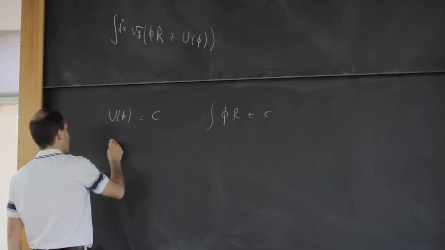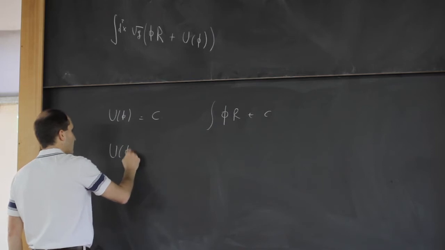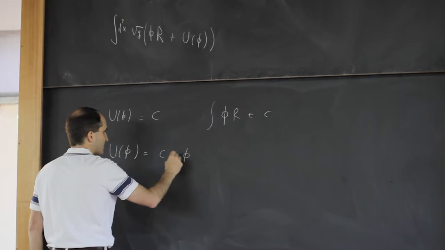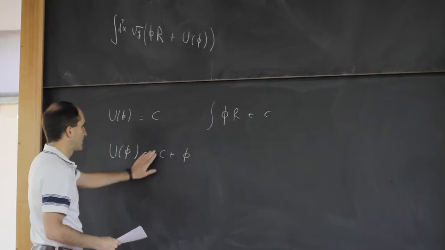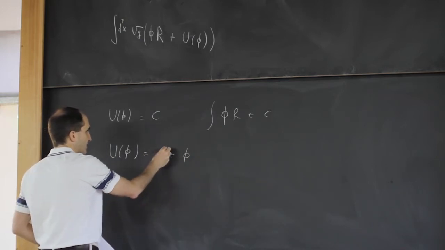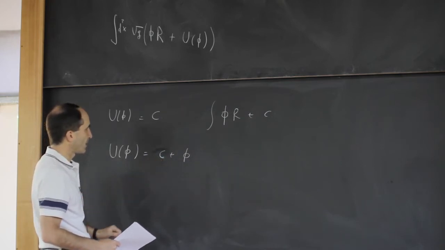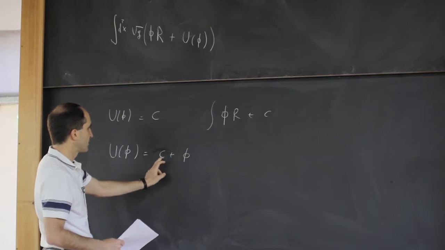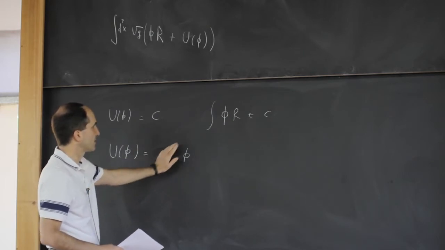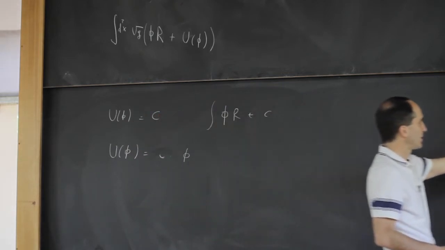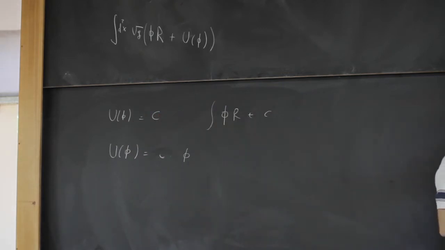So the next possibility is to say that U of phi is a constant plus phi. But then we can redefine phi so that this term will just shift phi 0, and we are forgetting about phi 0 anyway.